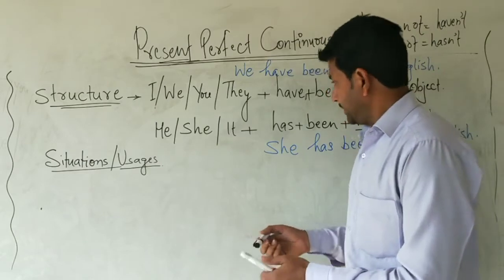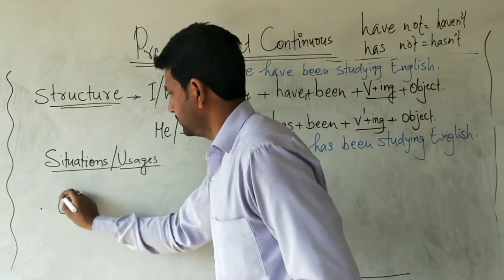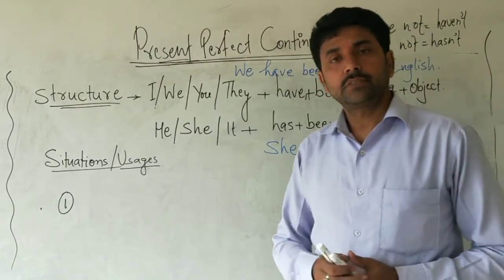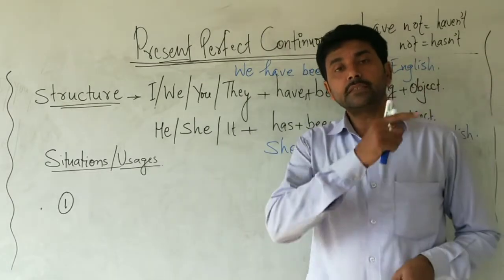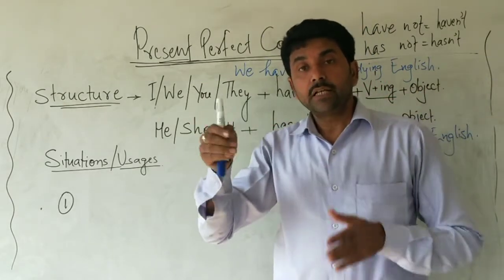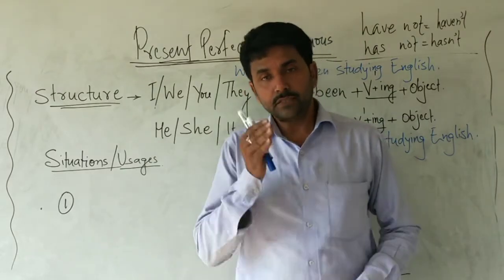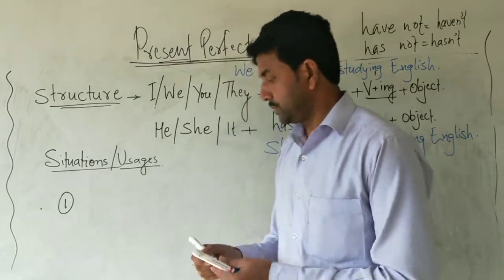So let us see here. First, if any action has started in the past and it is continuing until the time of talking, until the present time, then we can use present perfect continuous tense.